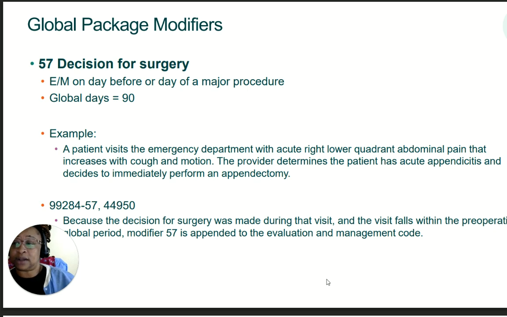So the emergency department code was 99284, using the 57 modifier for the decision for the appendectomy, and that code is 44950. The decision for surgery was made during that visit, and that falls within the pre-operative global period, so a 57 modifier would need to be added to the E&M code for the emergency department visit.